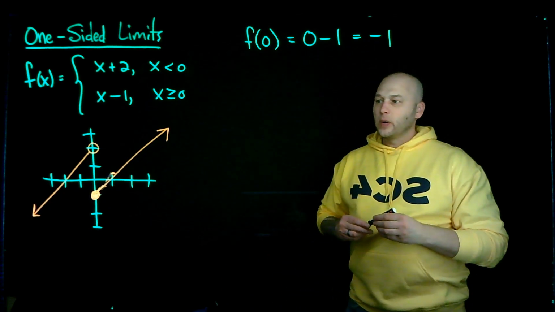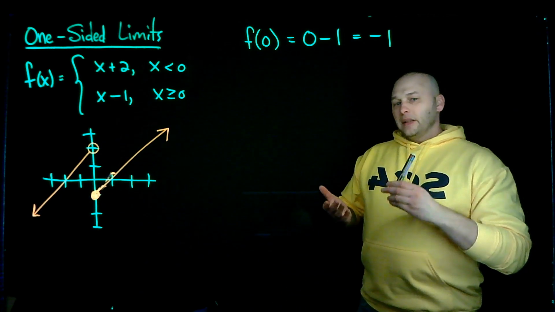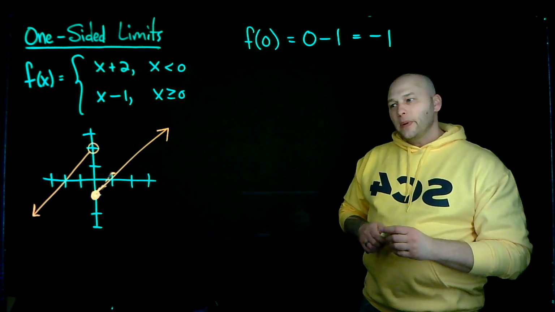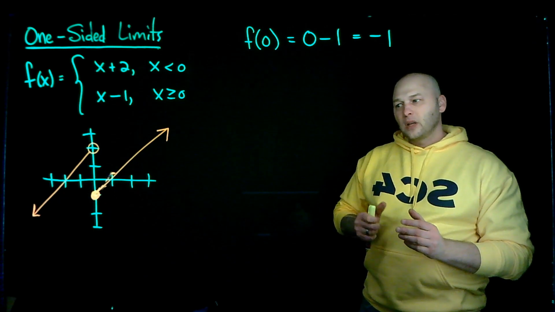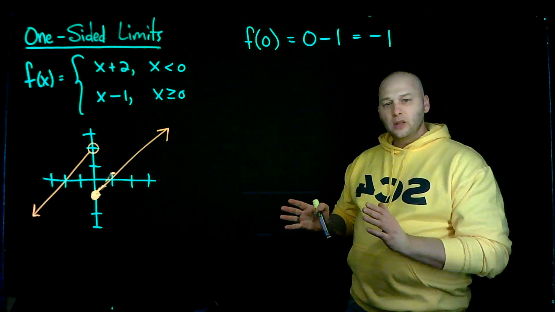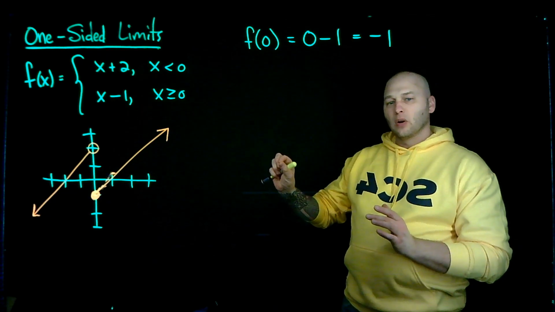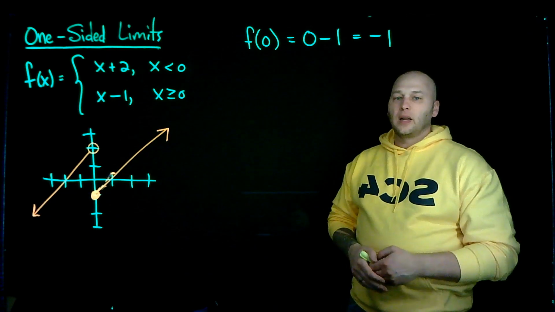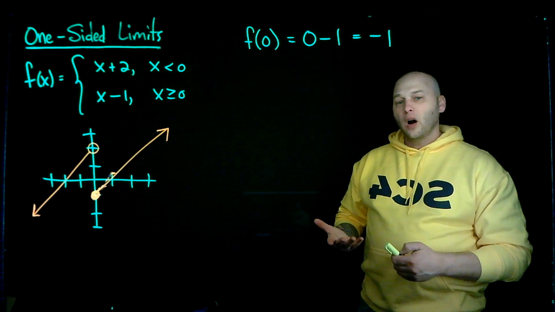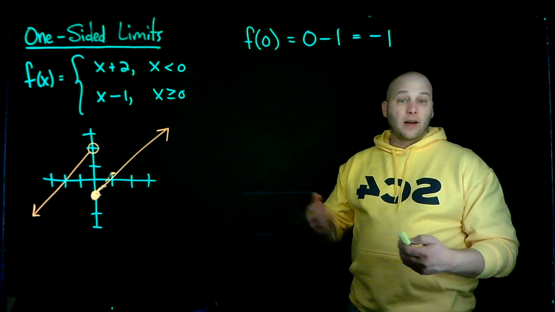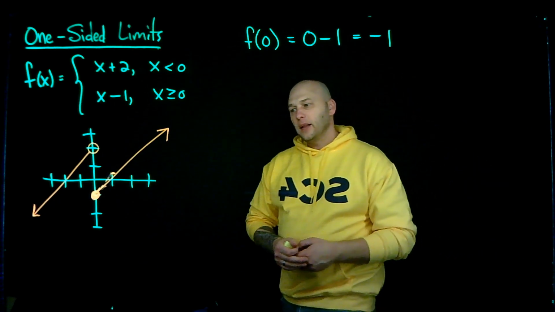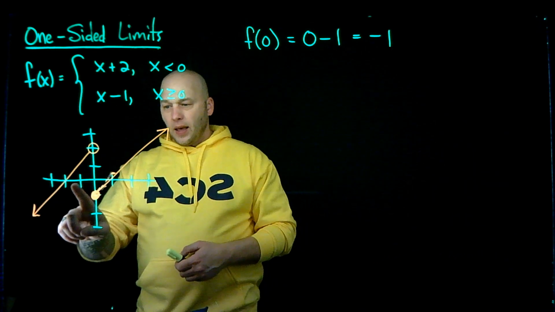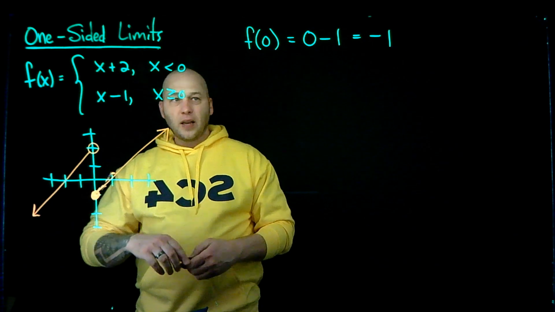But what I want to focus on is not the function value, but what happens when the x values get progressively closer to 0, not actually to 0, but just that progression of getting close to 0. What are the y values getting progressively closer to? And let's start by approaching 0 from the left-hand side.